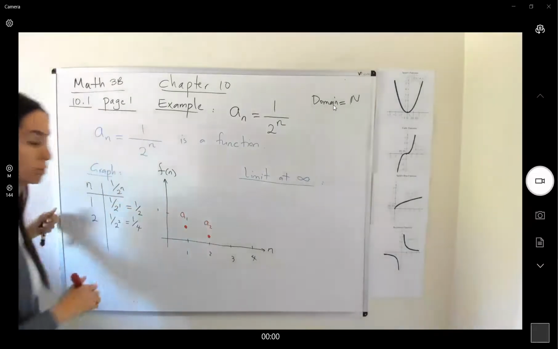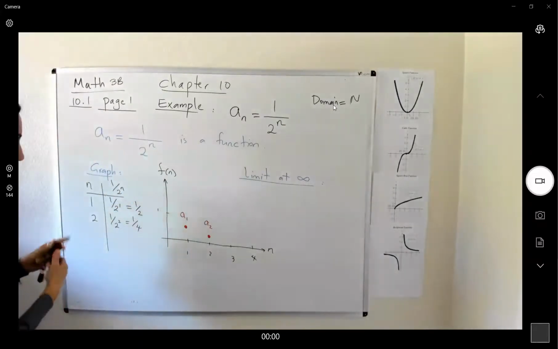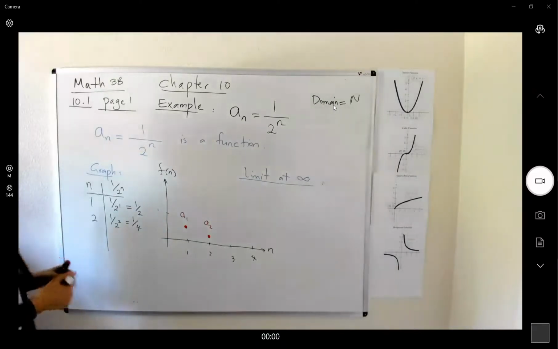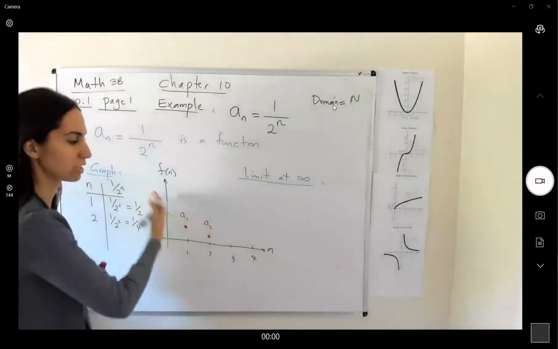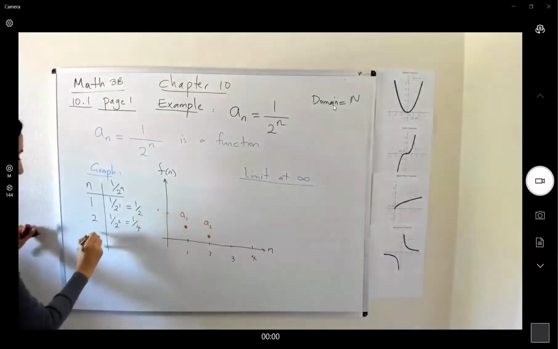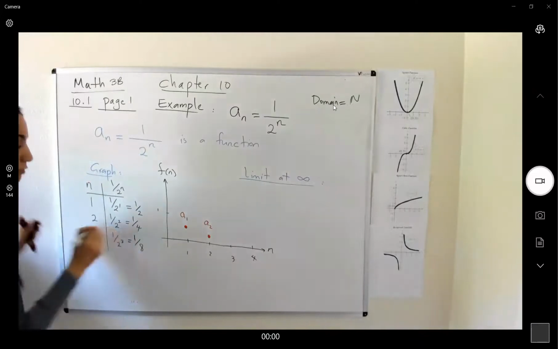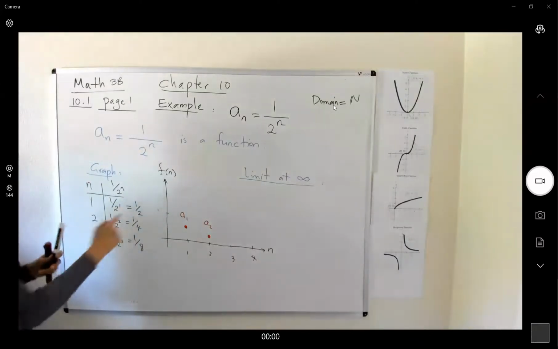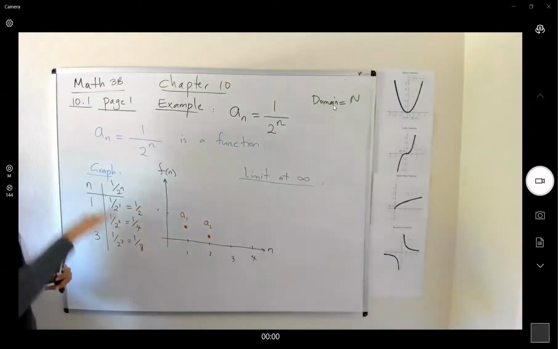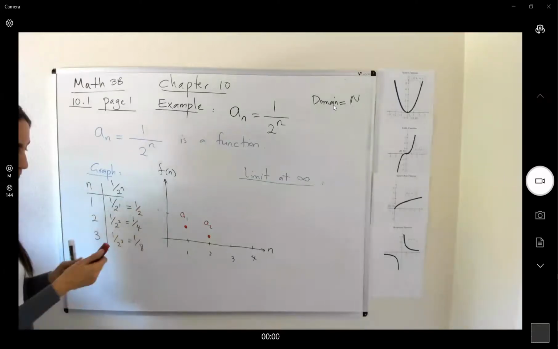A sub 2. Okay. Seems like this graph is a decreasing graph. Let us plug in 3. 1 over 2 to the third is 1 over 8. As you can see, these y values are getting smaller and smaller.